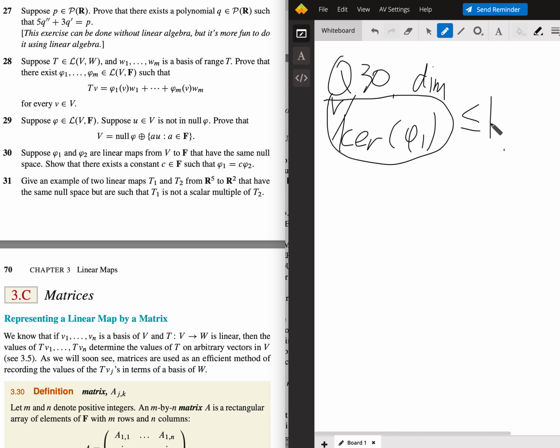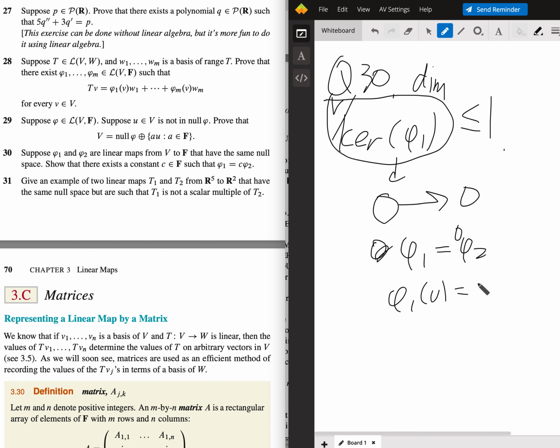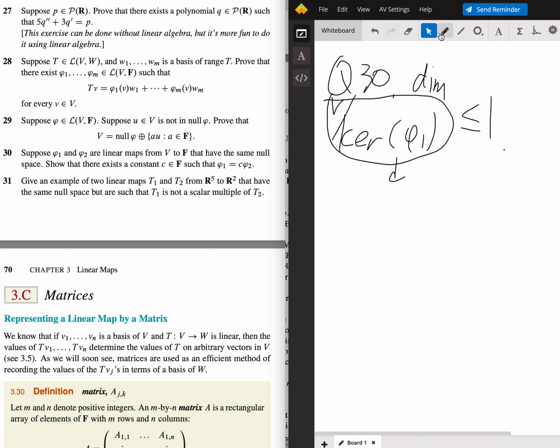And this is then quite reasonable because you can first assume that it has dimension 0, in which case everything maps to 0, so that's fine because phi1 equals phi2 is always true, since everything's in the kernel. Now let us assume that the dimension of this thing is 1. Then establish a basis of it, which is b1.